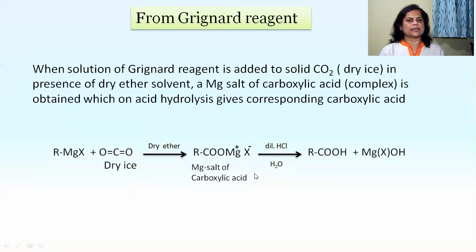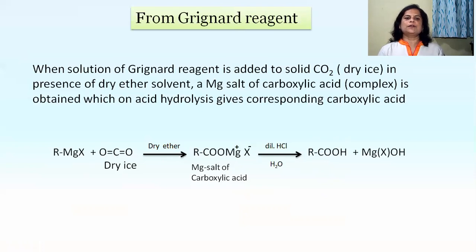This is the magnesium salt of carboxylic acid. Now what happens here is that in the dry ice, the alkyl group forms a bond with the carbon of CO2 and OMgX with the oxygen, and therefore it forms the complex compound, which further undergoes acid hydrolysis, forming RC double bond OH acid by the removal of Mg with X and OH.